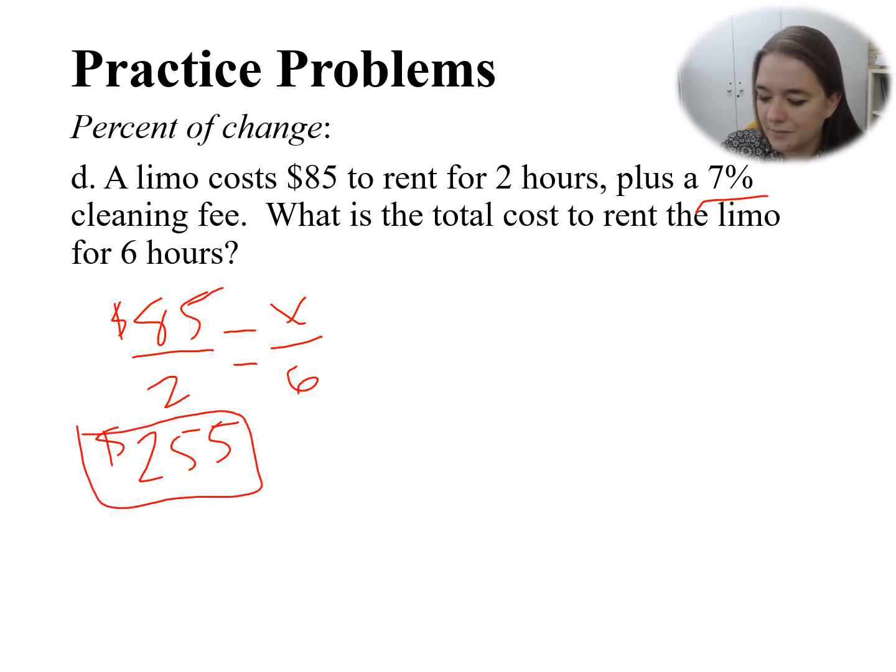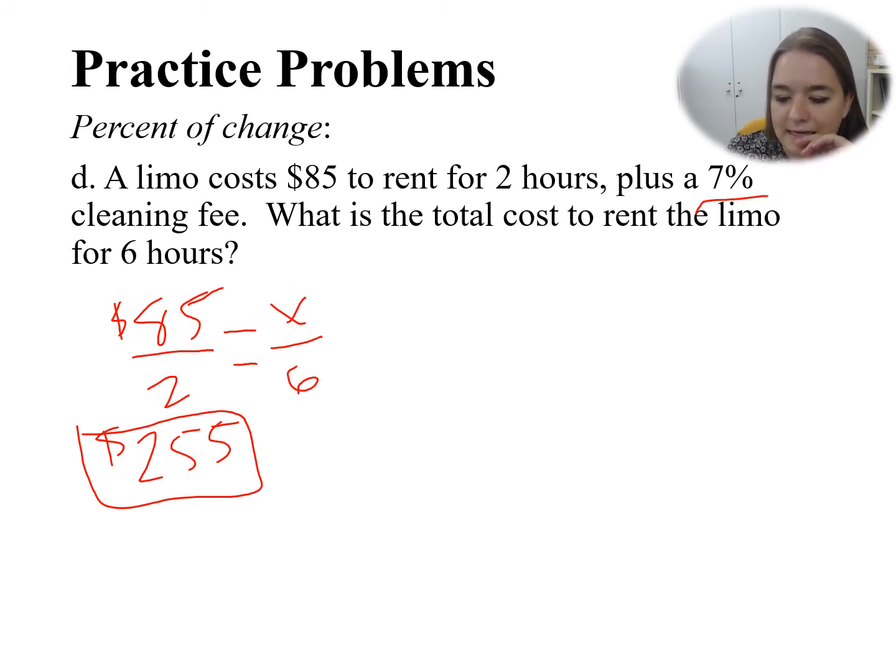Now I set this up as a proportion because that's the skill we're working on in this unit, but the other way that you could do it is if I know it's this price for 2 hours, I could just multiply that by 3. 85 times 3 should still get me $255. Now I want to know with a 7% cleaning fee. So my next step is I need to find 7% of 255.